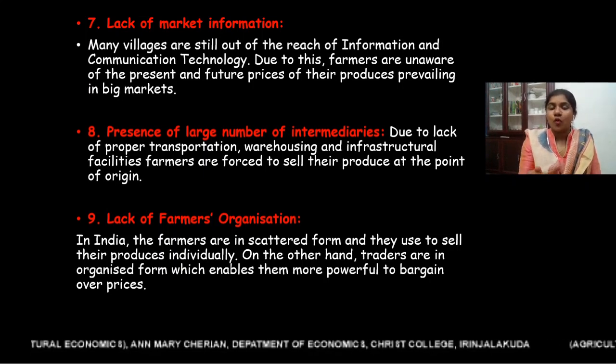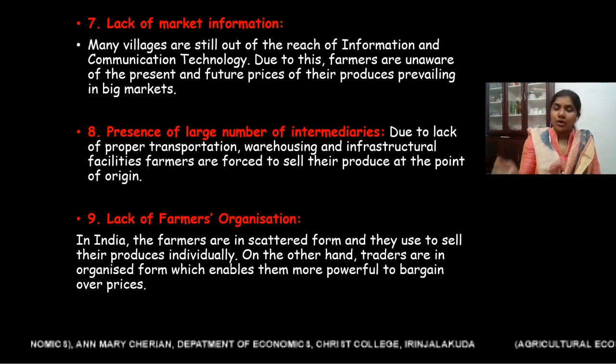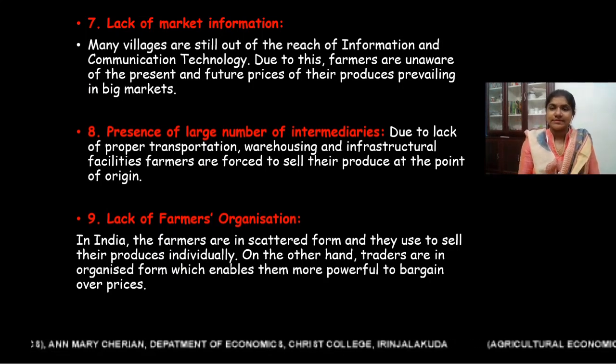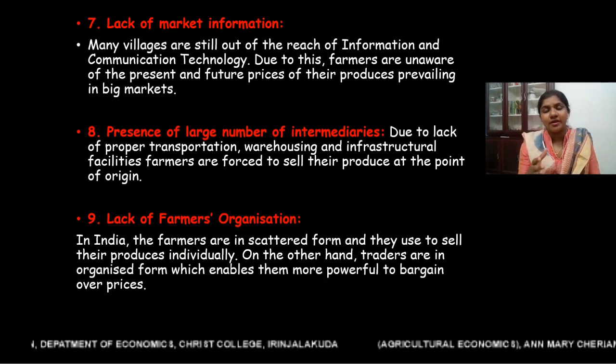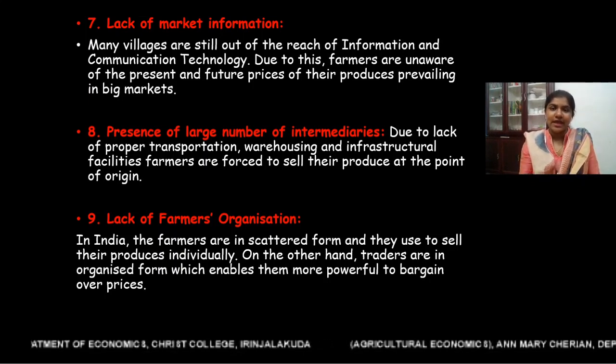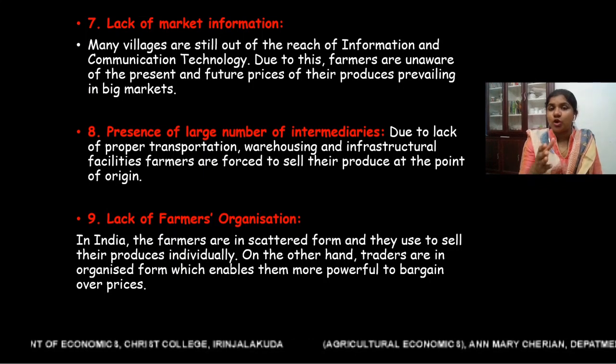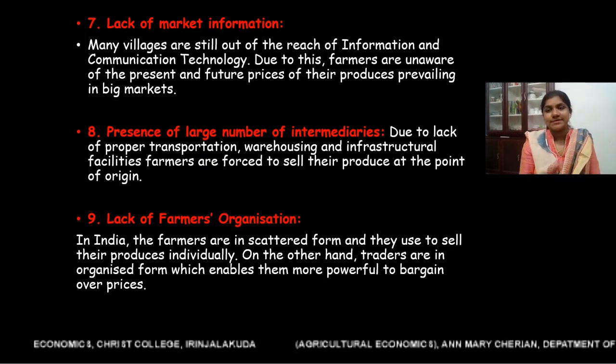At the point of origin, agricultural products are handed over to intermediaries. So intermediaries charge very high prices from the consumers, and they only give a very low margin to farmers.